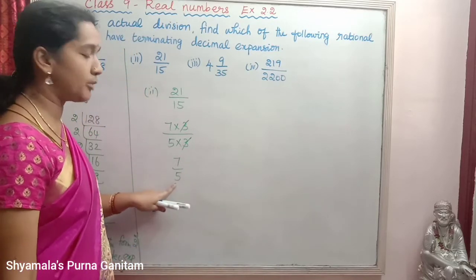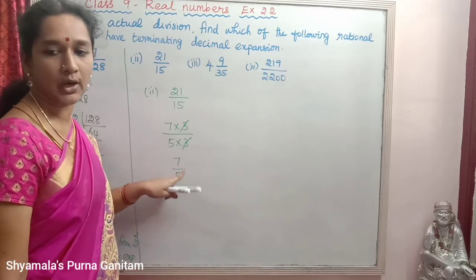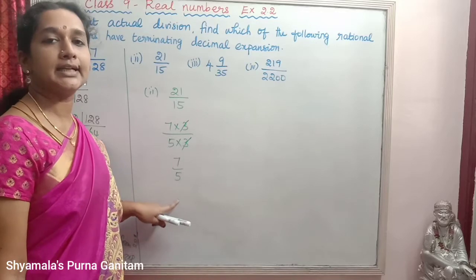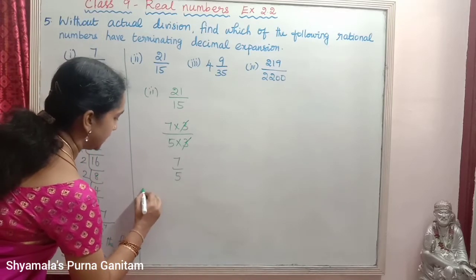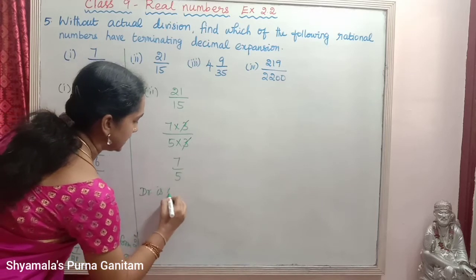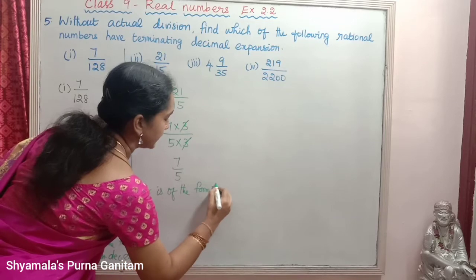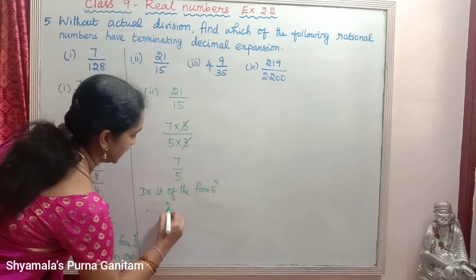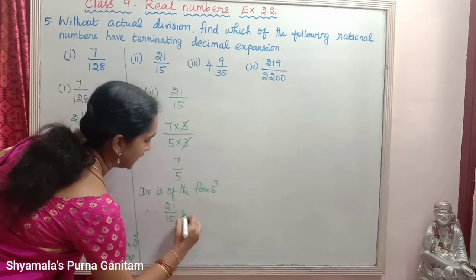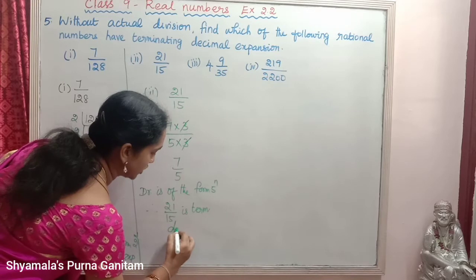The denominator is of the base 5, power 1, so it is of the form 5 power n. Therefore 21 by 15 is a terminating decimal expansion.